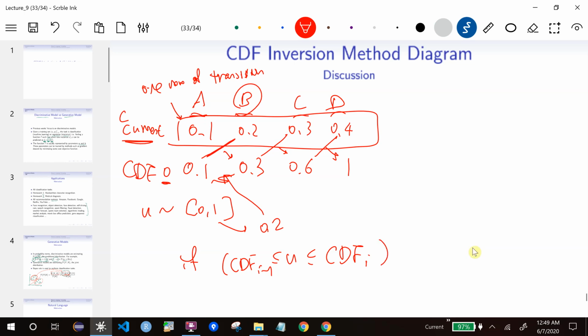If it's in between like this, then we just return the character or the word corresponding to the index i. So that's how we generate the next one based on the current word we're on. And if we know where we start, so we start with one word and then we keep doing this, we can get a sentence. And you'll actually try this in P3.